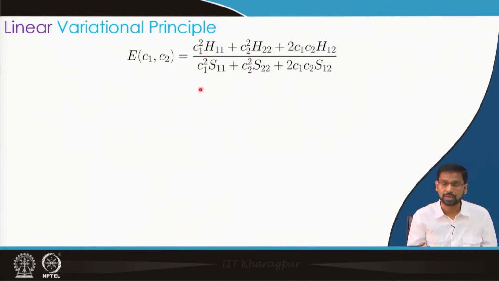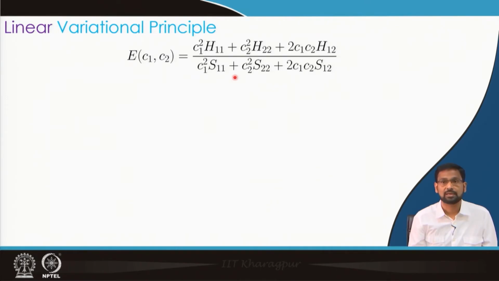I do not know them yet, because I want to find out the true value of the trial wave function. All I know is psi 1, psi 2, and also the Hamiltonian operator. Therefore, I know H11, H22, H12, and the overlap integrals also, because I know the wave functions. The quantities that I do not know in this equation are C1 and C2, and this variational energy depends on these parameters C1 and C2.